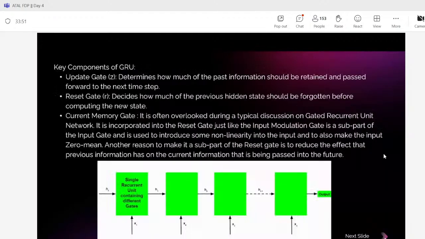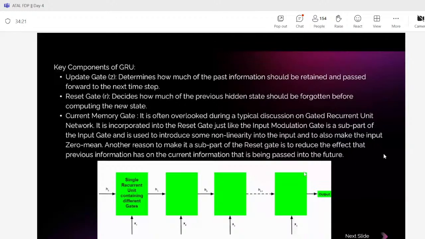And these are the key components of GRU. The update gate determines how much of the past information should be retained and passed forward to the next time step. The reset gate decides how much of the previous hidden state should be forgotten before computing a new state. And the current memory state is often overlooked during a typical discussion on gated recurrent unit networks. It is incorporated into the reset gate, just like the input modulation gate.